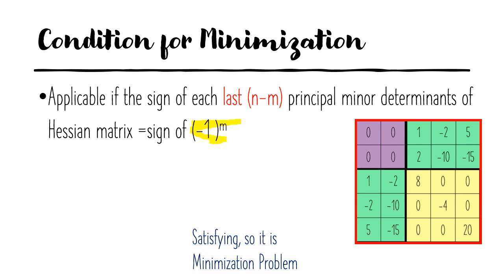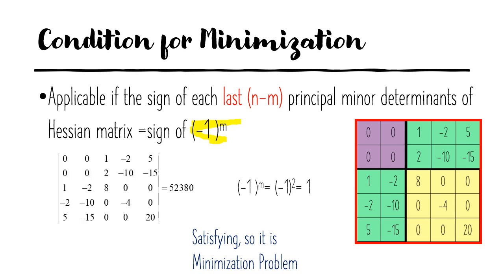So here my number of constraints is 2, which means minus 1 power 2 is 1. So again my determinant is also a positive one. So both are satisfying, this is positive and this is also positive. So this is a minimization type of problem.